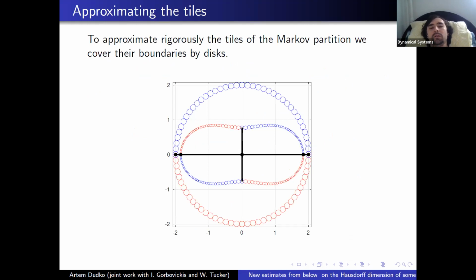So let us come back to the real quadratic polynomials. The corresponding tiles of the Markov partition. To approximate rigorously the boundary of each element of the Markov partition, we cover it by disks. Then, when we take preimage of each disk, we have two preimages.